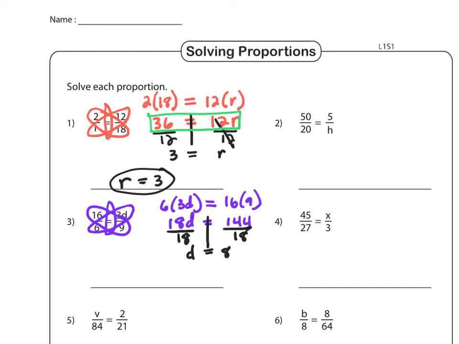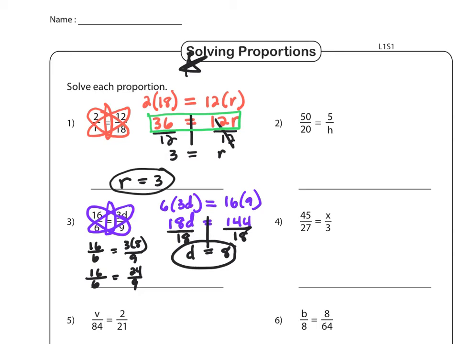So in this particular proportion, I now would have 16 over 6, and because there's not just the d, it would be 3 times 8, and that would be over 9. So this proportion would be 16 is to 6 as 24 is to 9. But my solution, which is what they're asking me to solve, would be d equals 8.